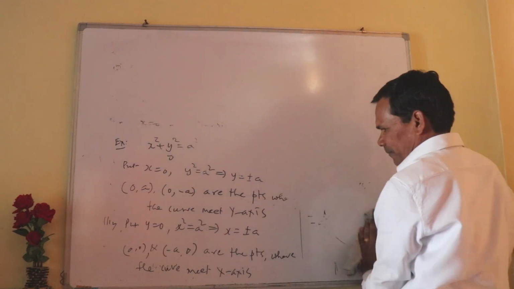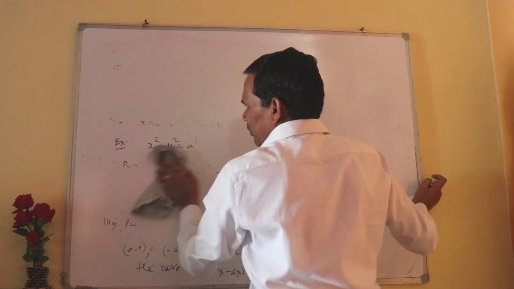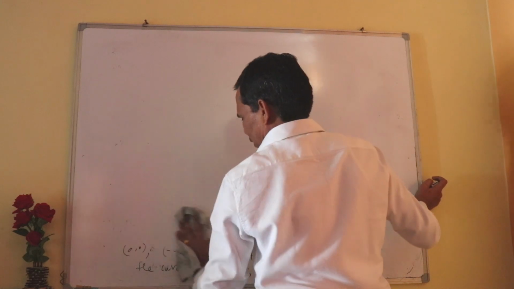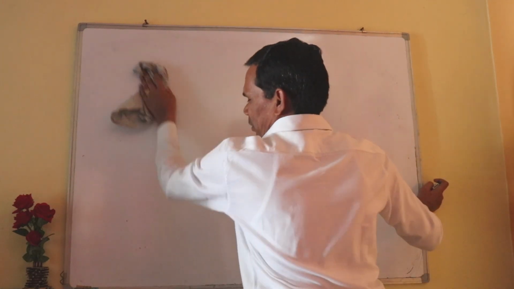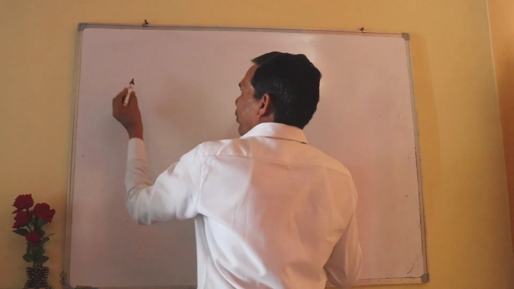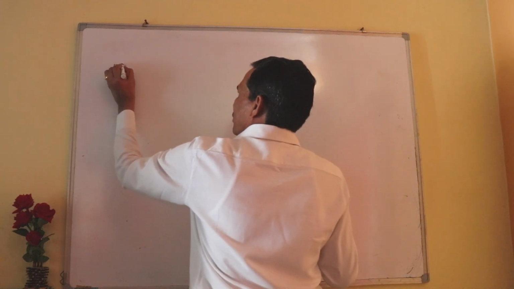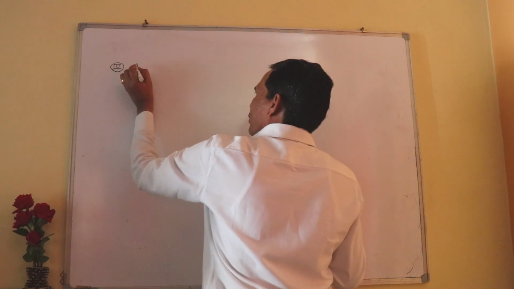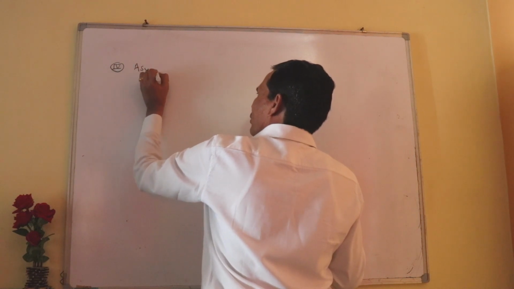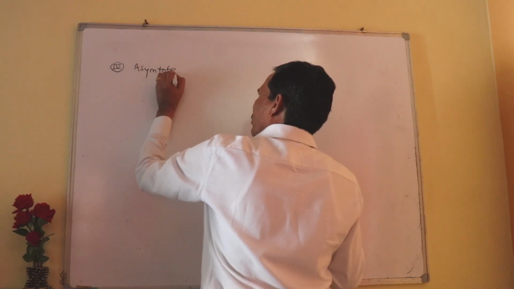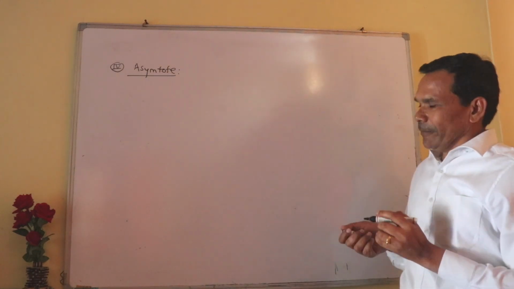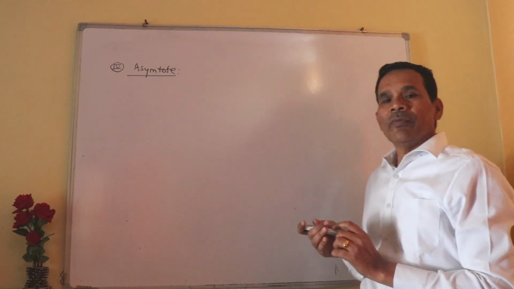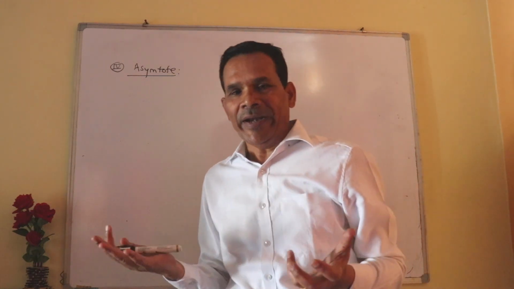Now the fourth point is asymptote. An asymptote is actually the line which meets the curve at an infinite distance.